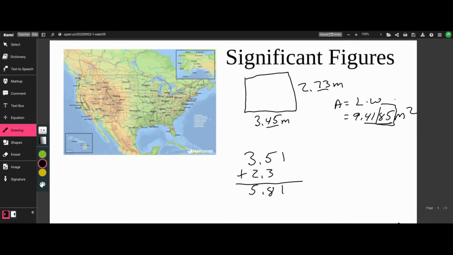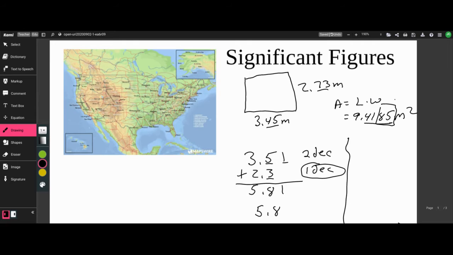So 3.51 has 2 decimal spots, 1, 2, and 2.3 has 1 decimal spot. 2.3 has just the 3. And so my answer has to have the least. We always want to go to the one that creates the greatest amount of error. We don't want to go too specific. And so my correct answer in reporting this would be 5.8.